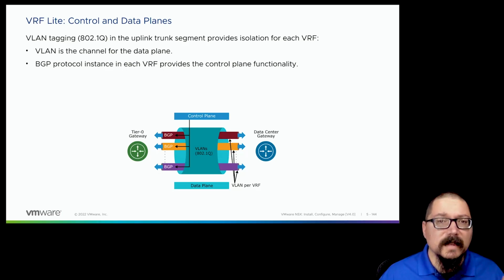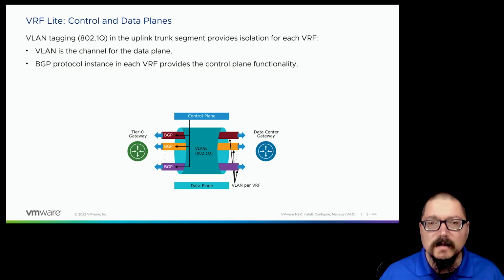When we talk about things like VRFs and connecting to whatever it might be, maybe an MPLS gateway or what have you, we're going to talk about using things like BGP for the control plane. We're going to talk about using VLANs for the data plane. What we're talking about here is really the connectivity and the management of that connectivity, the management of the routing between the VRF instance and its upstream peer.